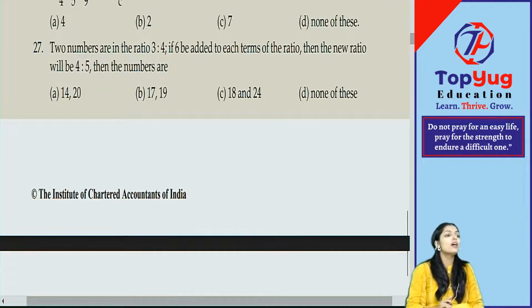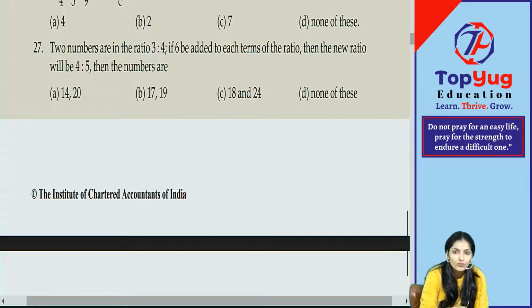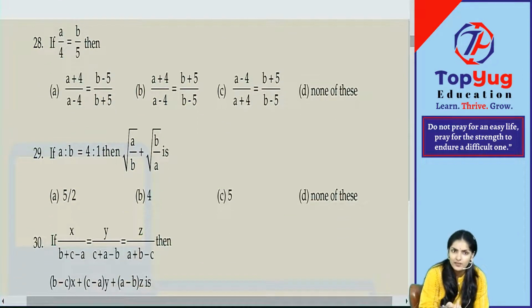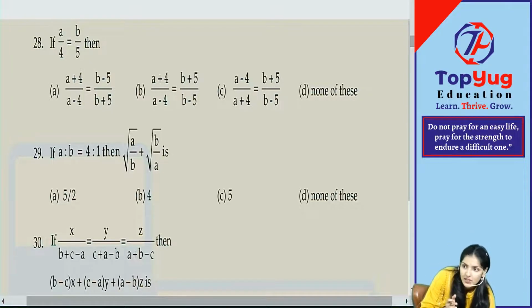Did you understand, ma? Both of you? 28th one. A is 4, B is 5. What you have to do is, ma, A is 4, B is 5 now. Put in A, B and C, all the three, and check if it is satisfying, LHS is equal to RHS. So A will not satisfy? Yes, ma?